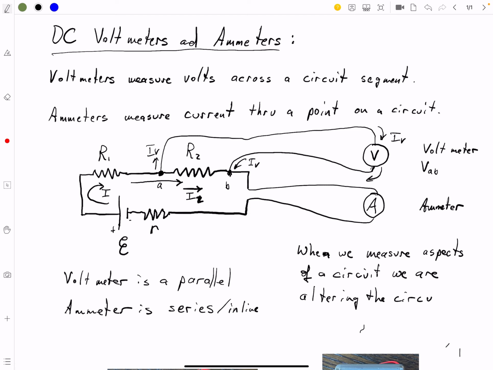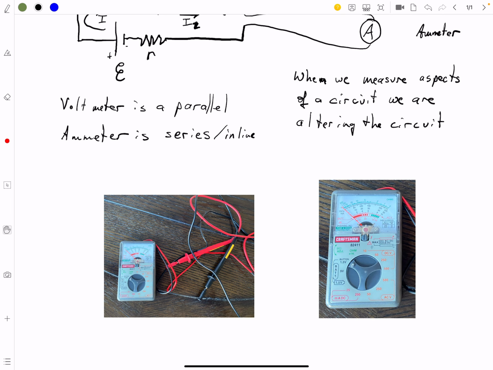And we try to minimize that alteration, of course, but sometimes it's not easy to do.